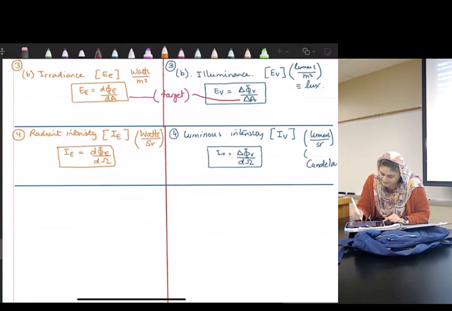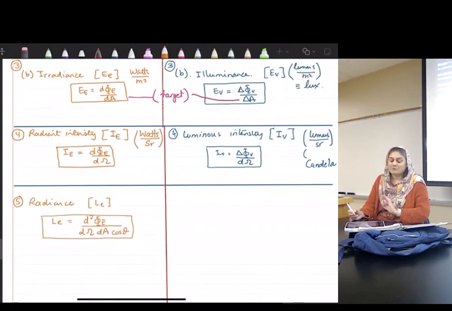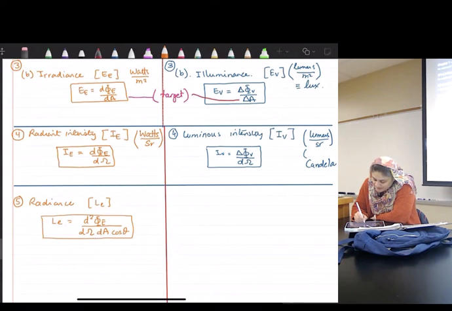Number 5, radiance. What are the units for this? Anyone? Watts per meter squared times steradian. Thank you. And the equivalent for photometric units is luminance. LV.